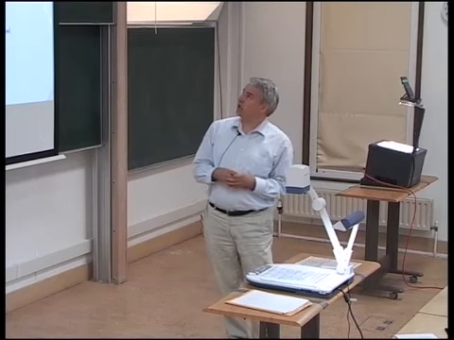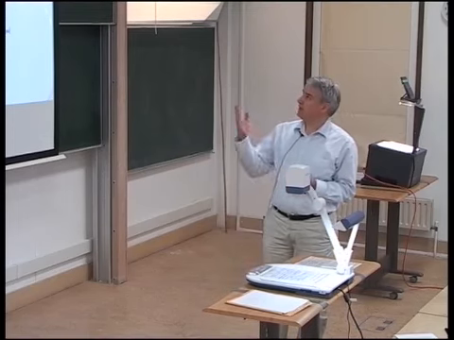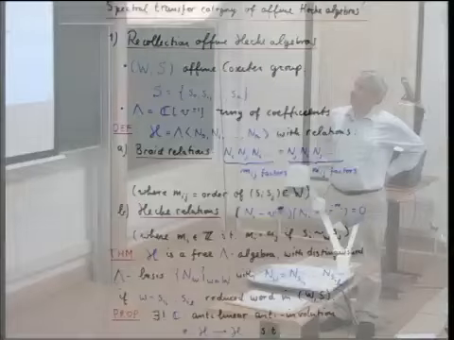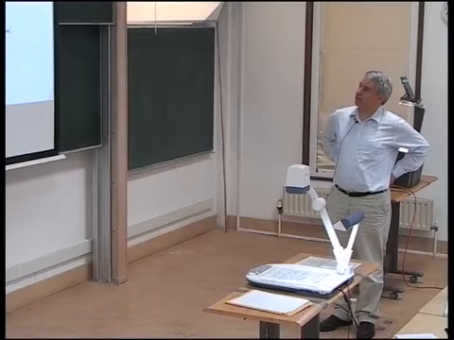But okay, let's start with just the definition and the notations related to affine Hecke algebras. So we start from an affine Coxeter group with a set of generators S_0 up to S_n. So I assume S for this talk to be irreducible. So it's a connected diagram. And then I work over some ring Lambda.